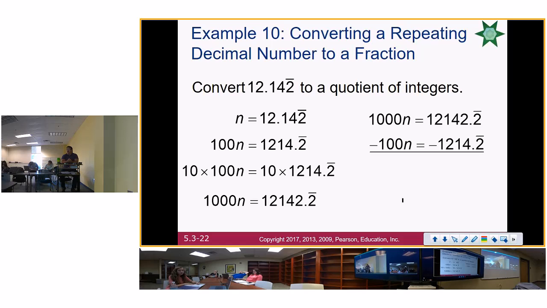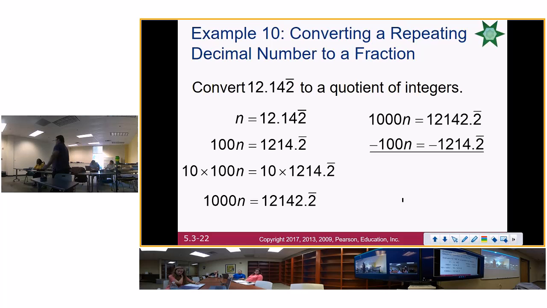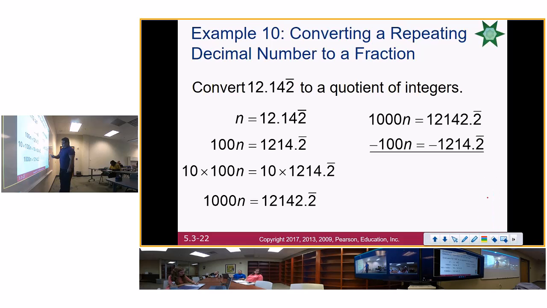Now, why are they doing this? Because what happens on the right-hand side when you subtract those two numbers? What happens to the repeating decimal? It cancels.